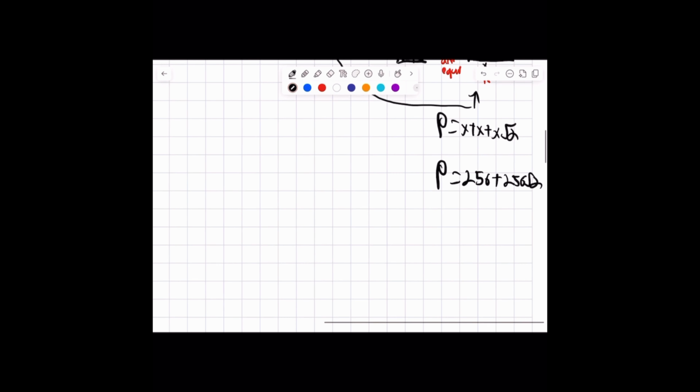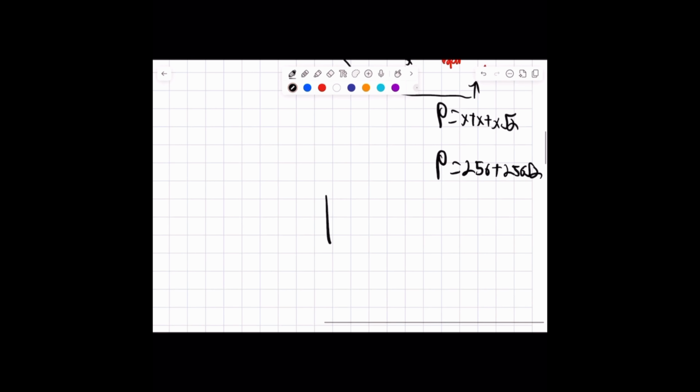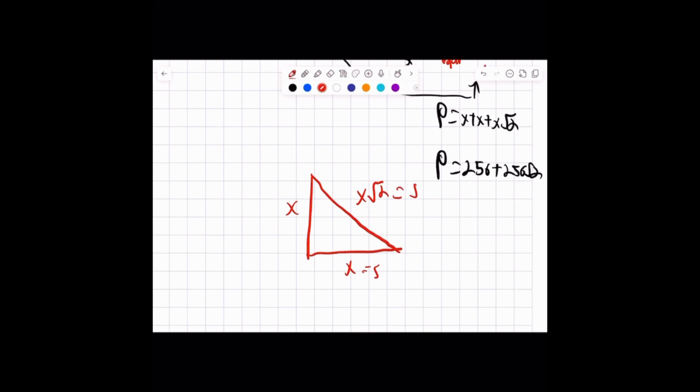If you like to think about it more deeply, you could rewrite the triangle so it's something like this. x root 2, x and x, and these all equal something. Let's say equals b.